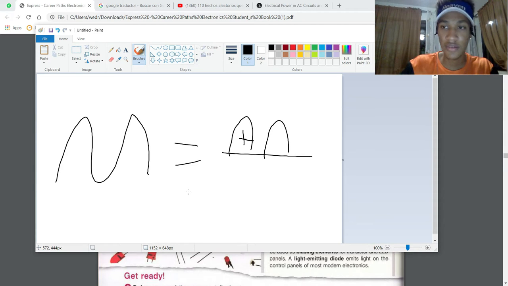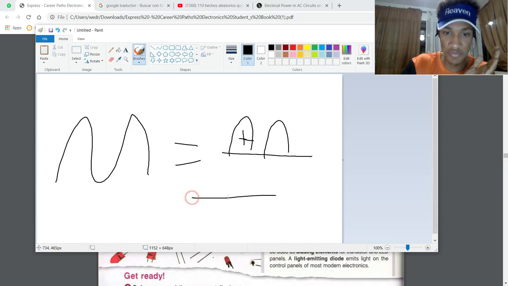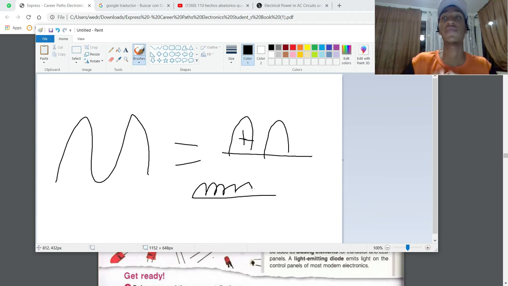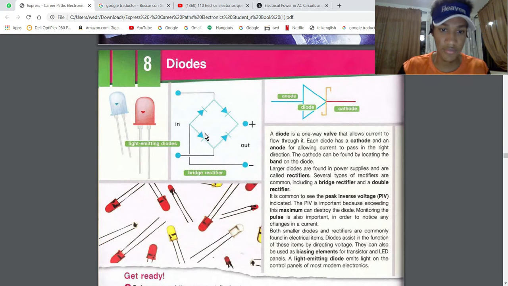You have a half rectifier that does that, and you have a full rectifier that is like that, a bridge rectifier.